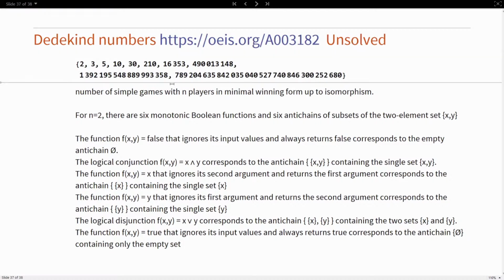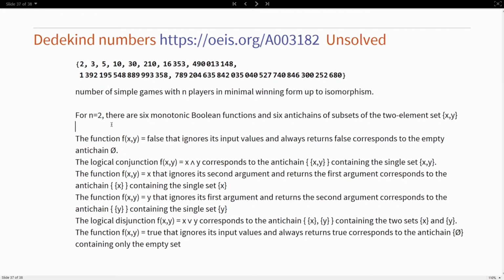Dedekind numbers were recently extended. They found this for the number of simple games in a particular set of rules. It was unknown what the next one would be.